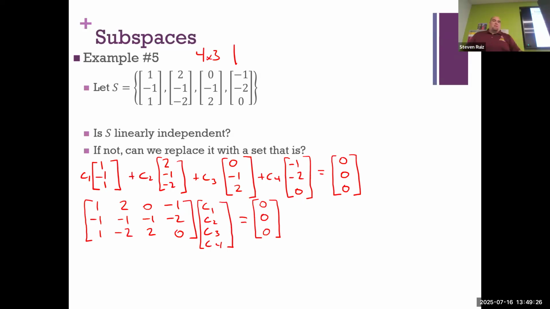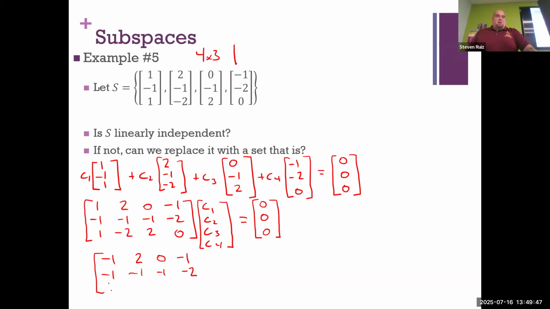But this is the equation I'm solving, right? What would this augmented matrix look like? So -1, 2, 0, -1, -1, -1, -1, -2.